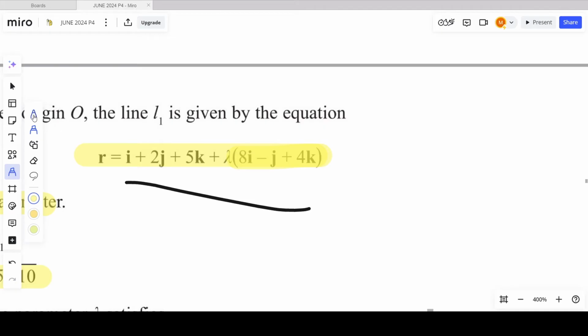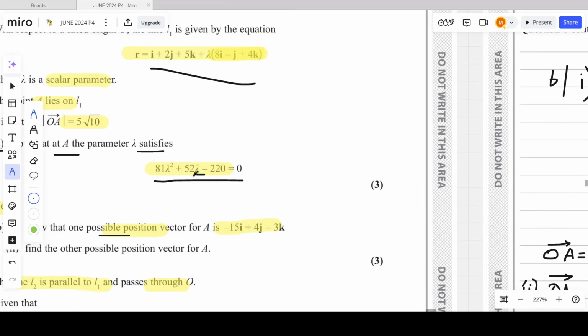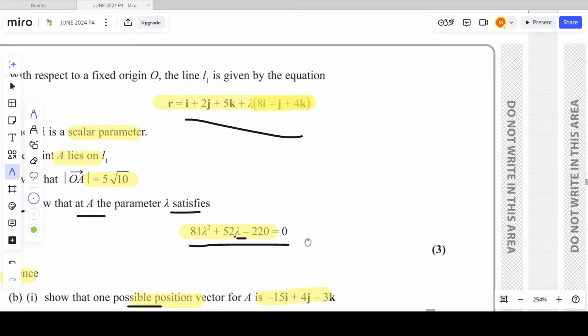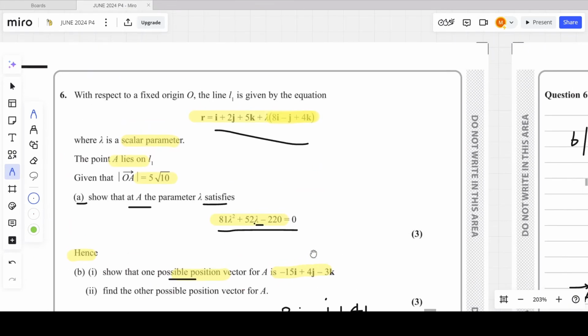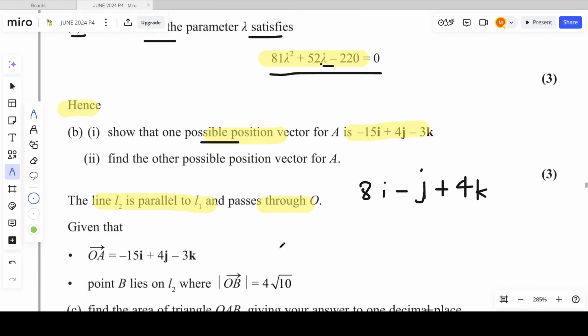That means the parallel component for line L2 would also be 8i minus j plus 4k. So this is the parallel vector for line L2, since it is parallel to line L1.